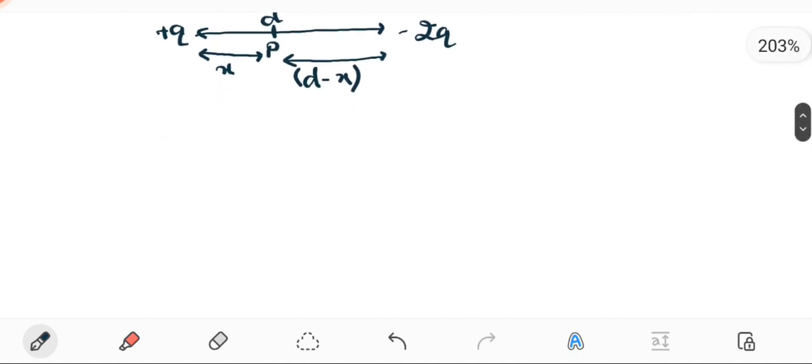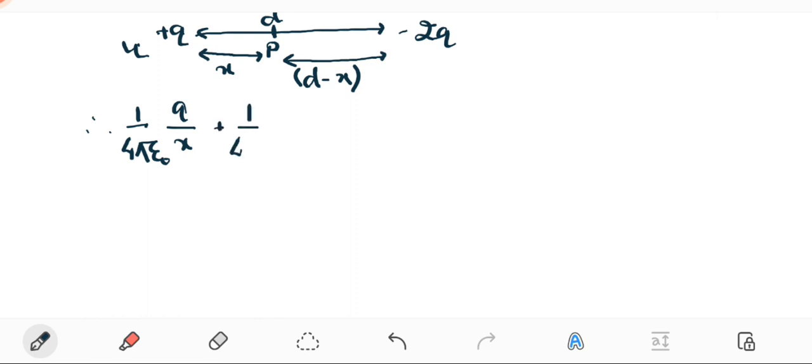Okay, now how will we solve it? It is given in the question that the potential is equal to 0. Therefore 1 by 4 pi epsilon naught q upon x, the formula of potential for plus q charge, plus 1 by 4 pi epsilon naught, charge equal to minus 2q, divided by the distance between them, that is d minus x, should be equal to 0.